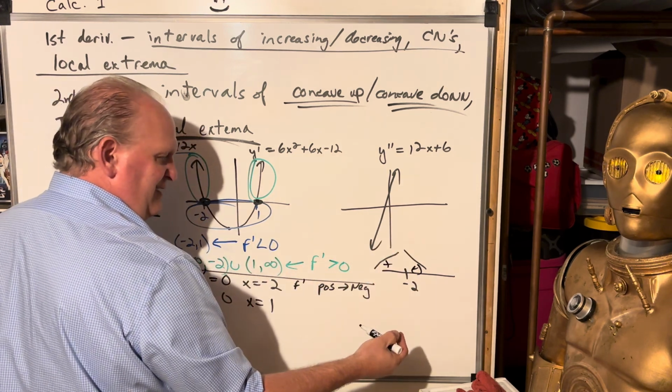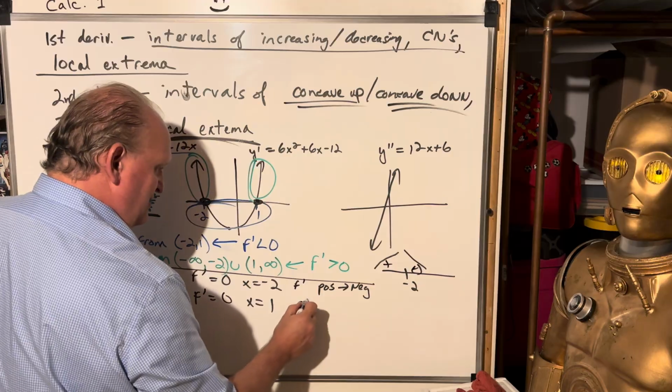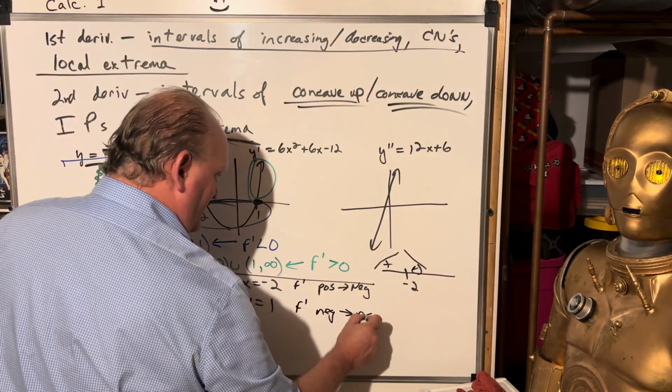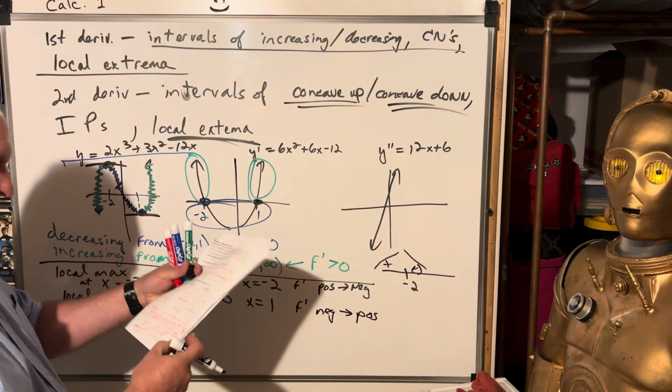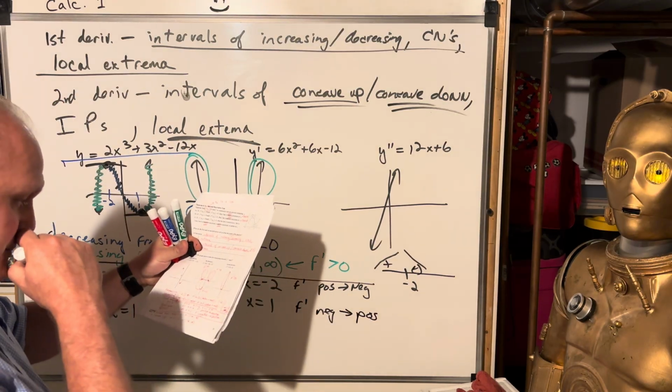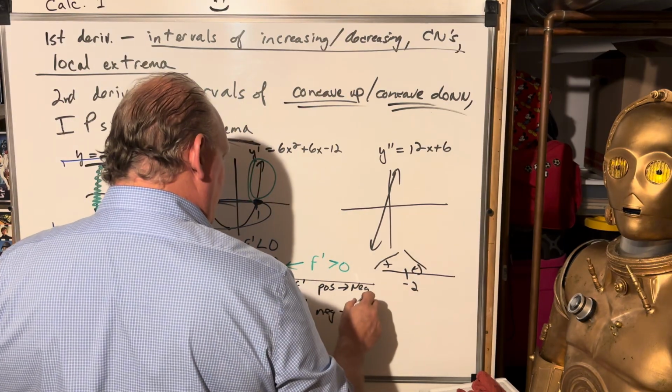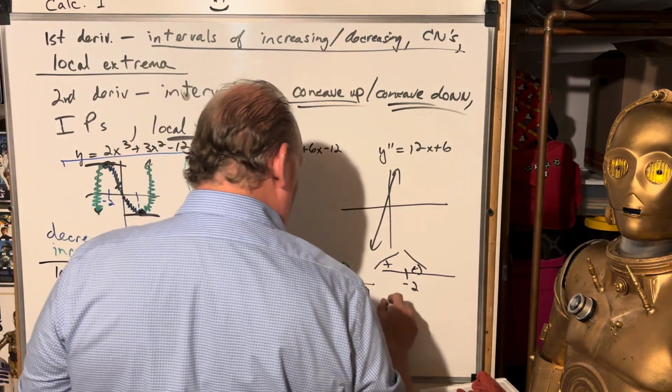And same if it goes from negative to positive, then we know it's a local minimum. So from positive to negative, it's a local max.